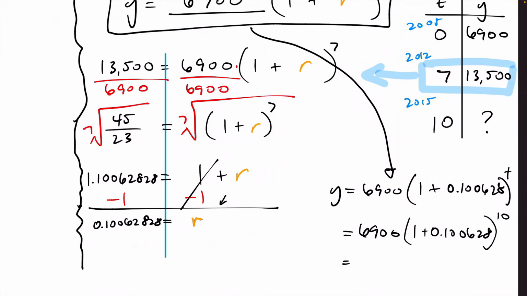So you plug that into your calculator, and what do you get? Should be like 17,999 point something.